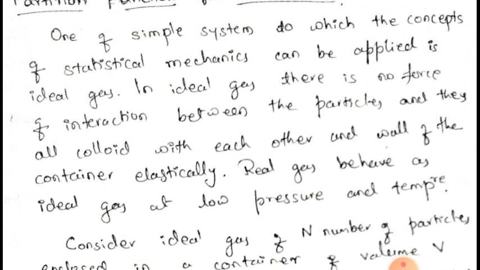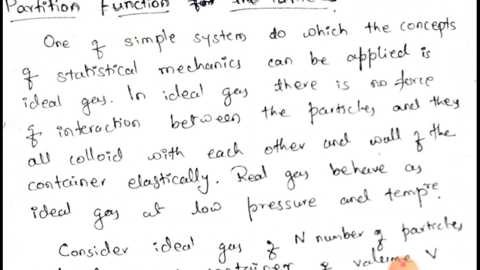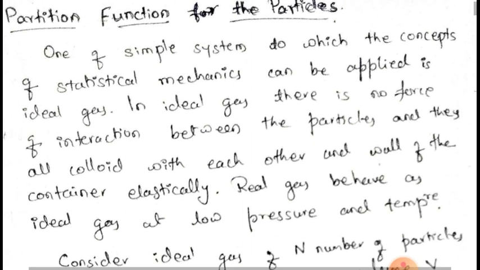For simplicity, here we are considering an ideal gas system. Why? The ideal gas system is very simple, and since it's the very beginning of statistical mechanics, it becomes very easy to handle. Another advantage with the ideal gas system is that the particles are totally independent.